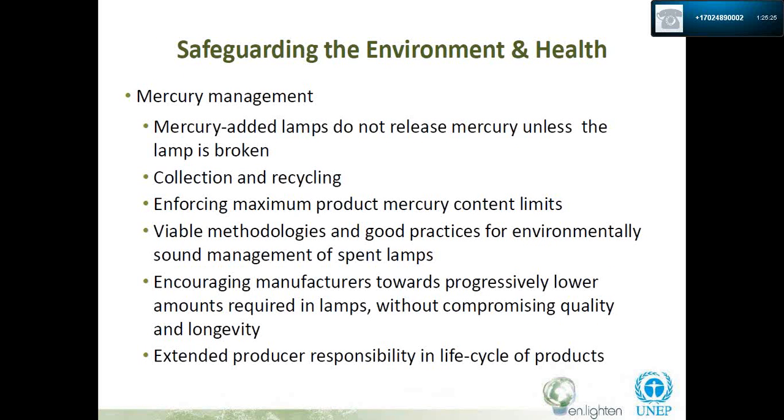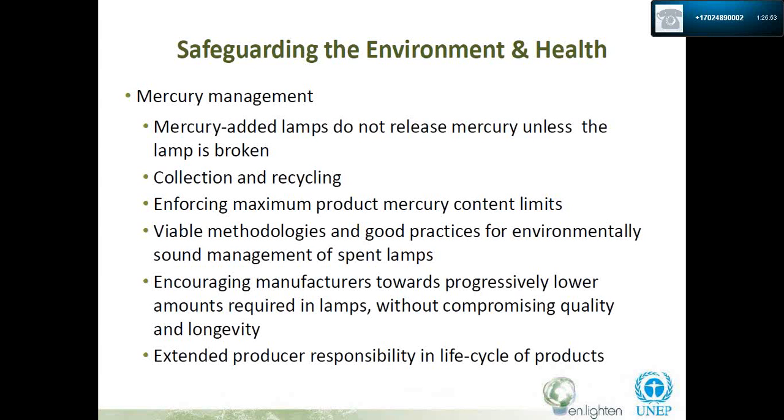Mercury is one of the elements that is essential for the manufacture and operation of fluorescent lamps. Mercury-added lamps don't release mercury into the environment unless the lamp itself is broken. So a lot of the guidelines that are offered focus on how to help consumers understand how to handle and properly install lamps to prevent any kind of breakage.